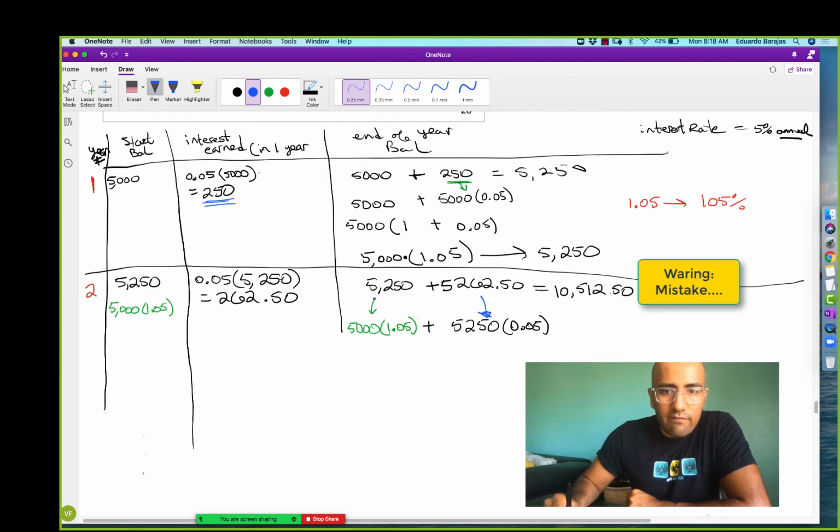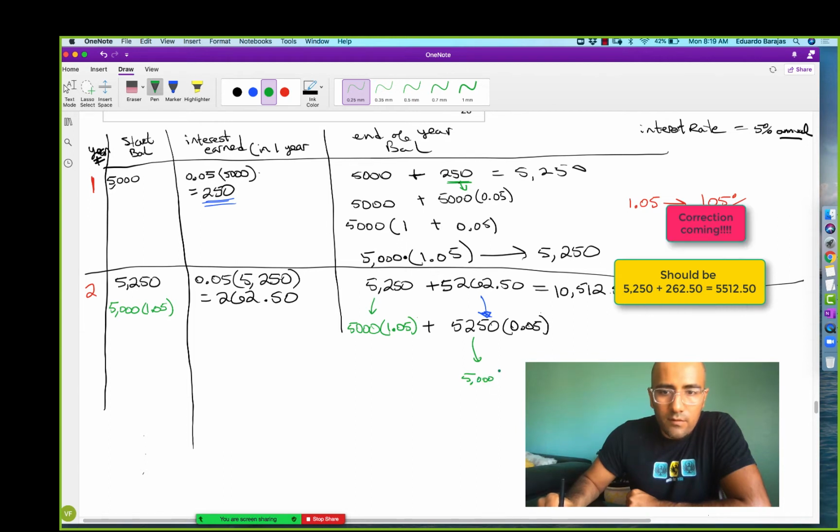And we just said that 5,250 is the same as this one, so I'm going to repeat it one more time and say that this is 5,000 times 1.05. And like I said, this is getting really tedious. Remember that this is just so we can develop our formula, and then once we develop our formula, we never have to do this again. So you're not going to be expected to be repeating this on your own. I just want you to understand where that formula comes from.